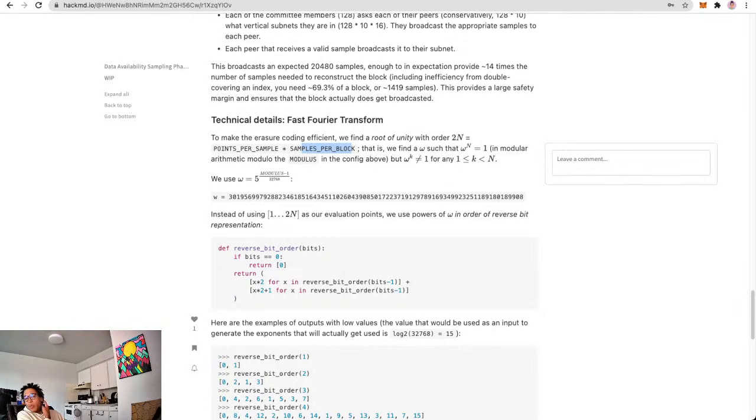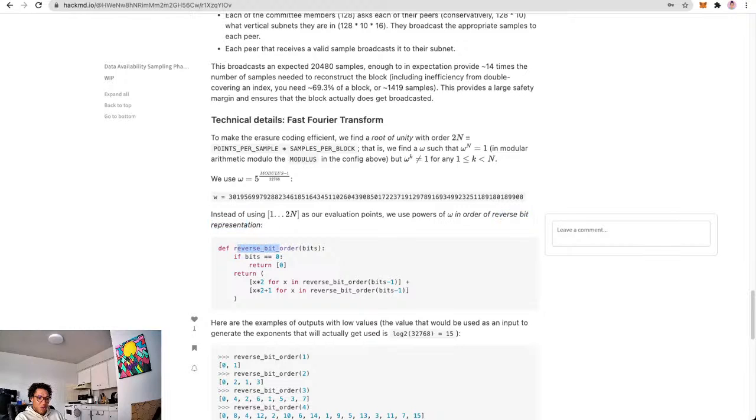So before we were using just 1 to 2n as our evaluation points. Now we're using powers of W in order of reverse bit representation. I need to watch some YouTube videos on reverse bit representation now, but we're using powers of W, which is here. So you have your function, which is doing that reverse bit right here.